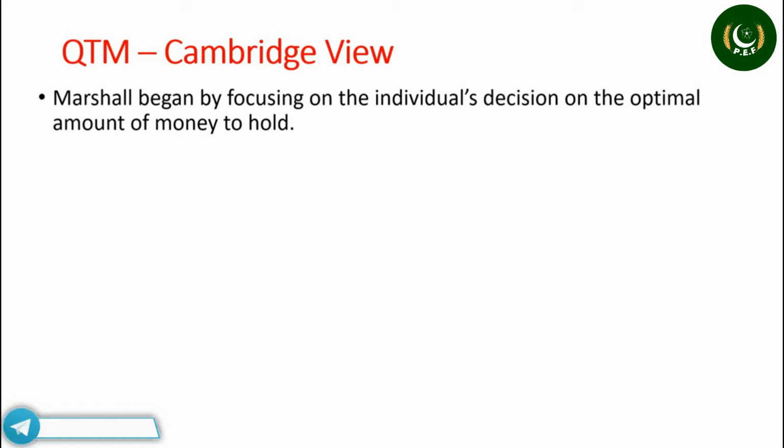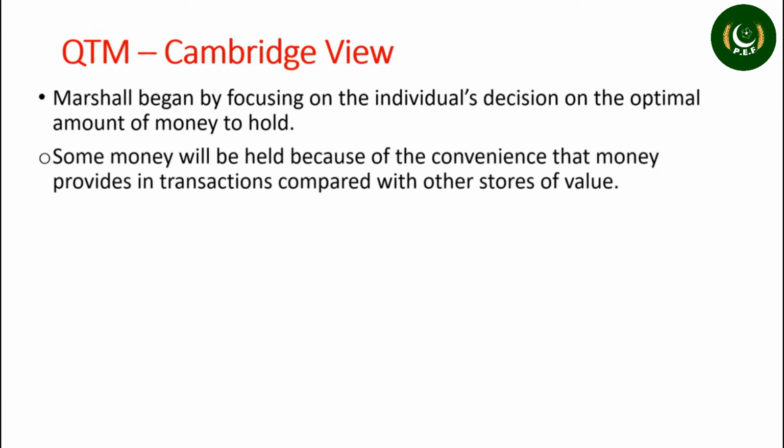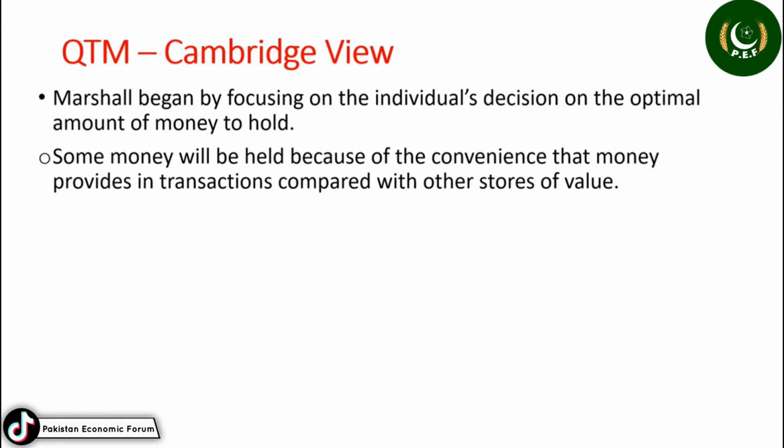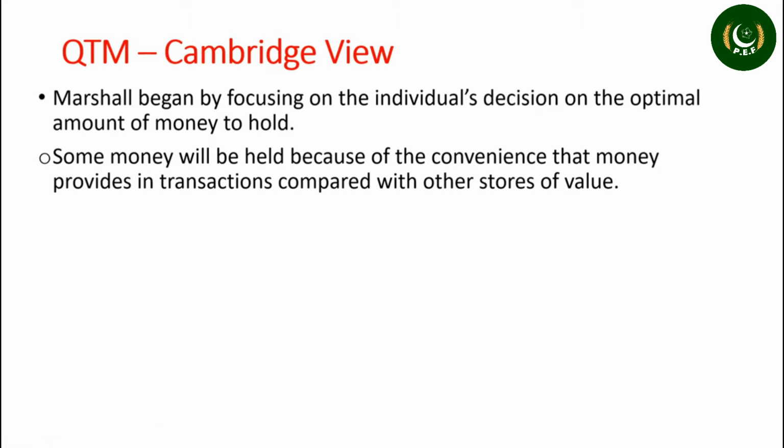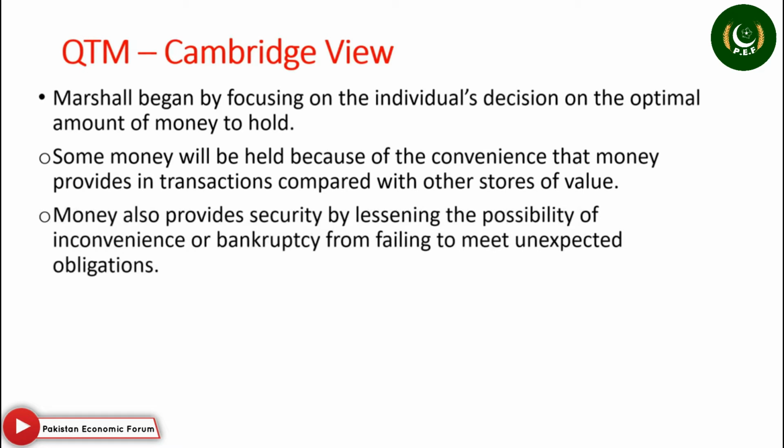Individuals hold some money because of the convenience that money provides in transactions compared with other store of values. Similarly, money also provides security by lessening the possibility of inconvenience or bankruptcy from failing to meet unexpected obligations.